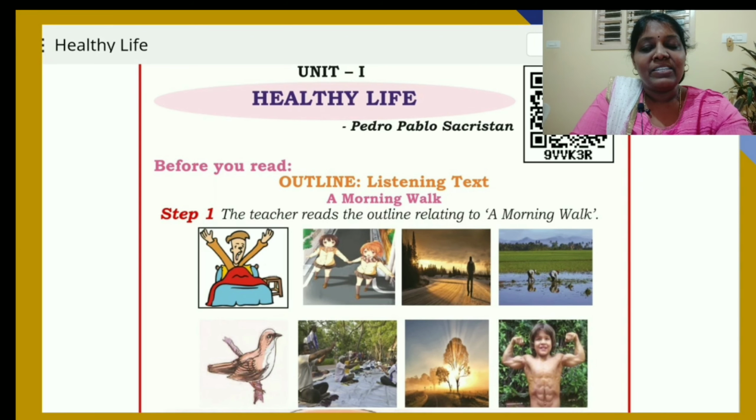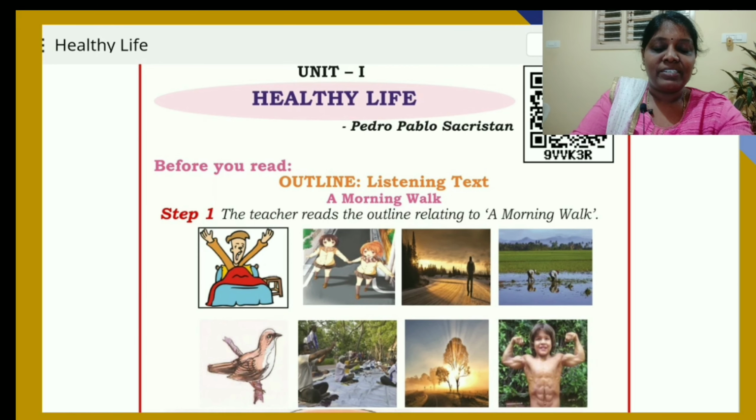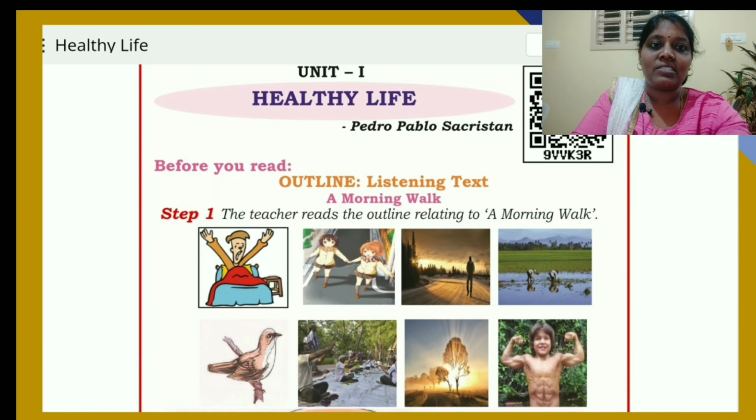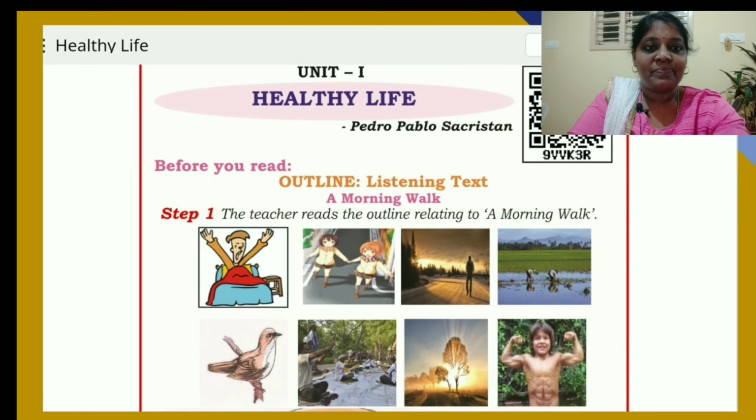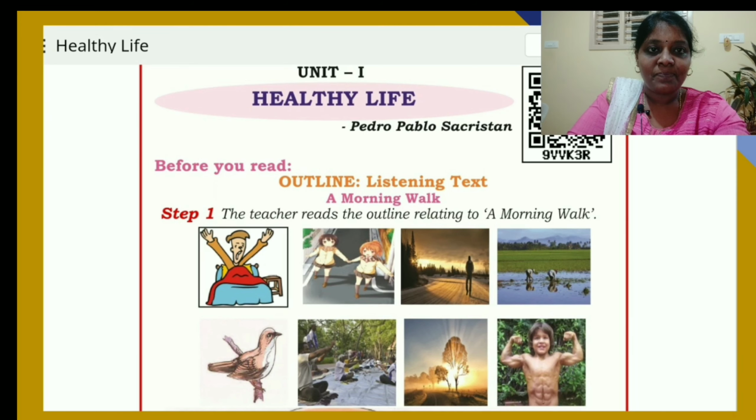In this lesson, you will have an activity in the beginning. What is that activity? A morning walk. Here they have given some pictures. Around 8 pictures are there on this page. You can look at them and tell me what they are doing. The first picture is telling us about waking up early.